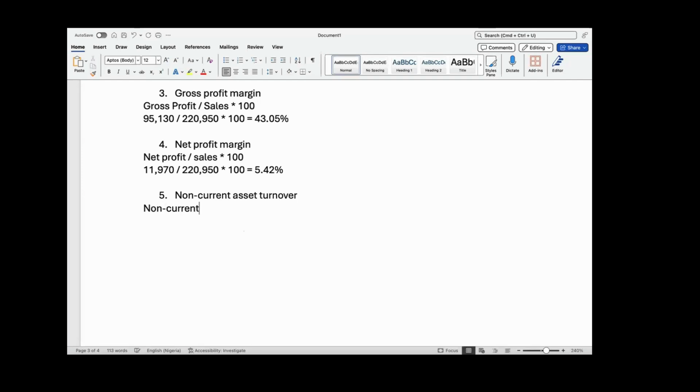We are looking at the relationship between the assets and the sales, in other words, the value of the assets that was used in generating the sales. Okay, good idea from you guys. But this is actually not correct. It should be the reciprocal of this.